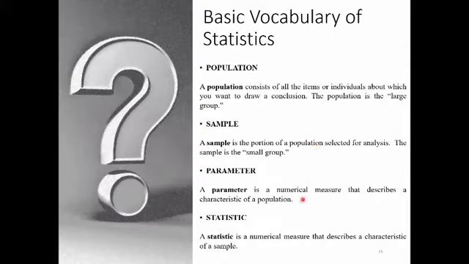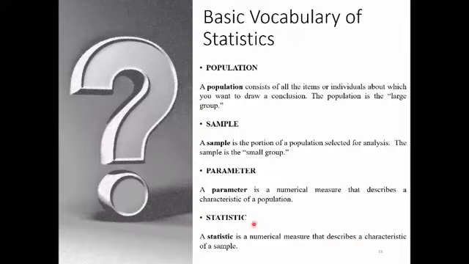A parameter is a numerical measure that describes a characteristic of a population. For example, take Food City. The average amount spent by all customers who shopped at Food City this weekend would be a parameter. A statistic is a numerical measure that describes a characteristic of a sample.